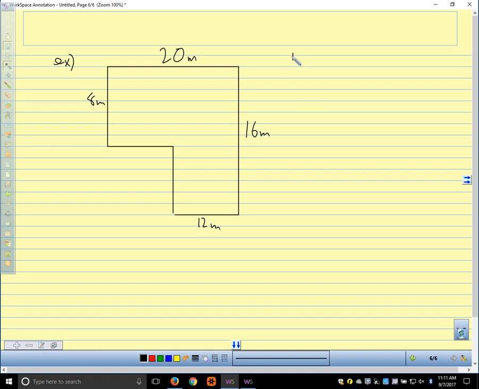And we want to find perimeter and the area. And I look back at my formulas and I say, I don't have a formula for the area of that kind of L-shaped thing. So what do we want to do here?